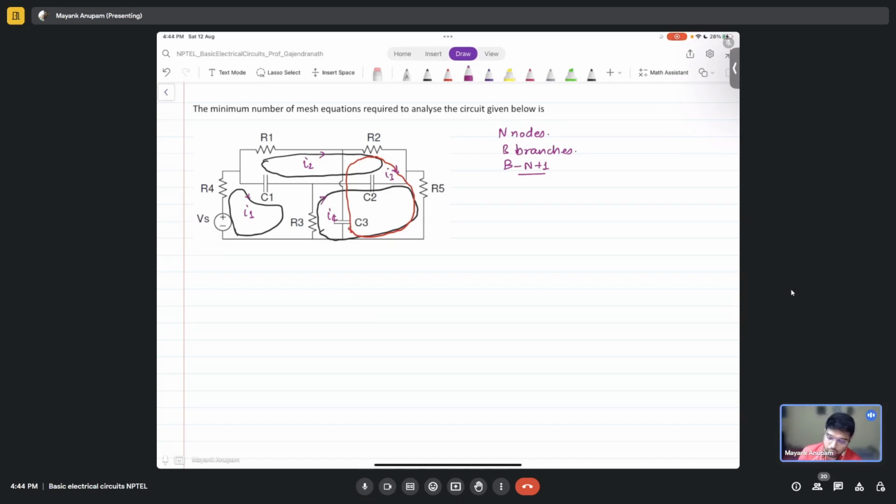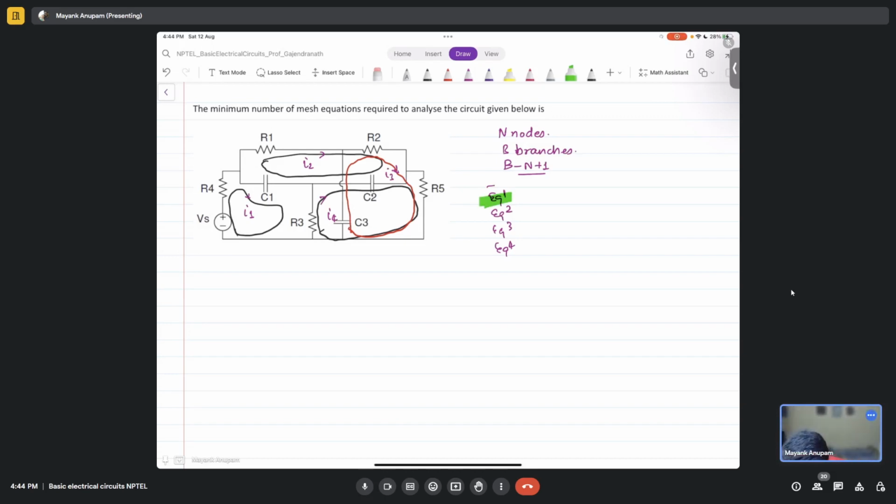Now when you write all the equations, you will get equation number 1, equation 2, equation 3, equation 4. Can you get any equation in these four as a linear combination of the other three?